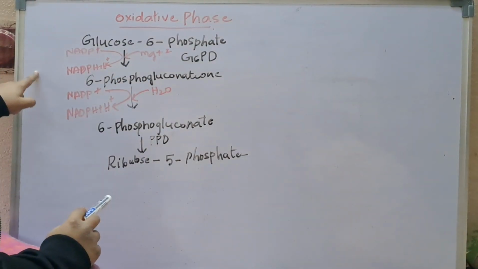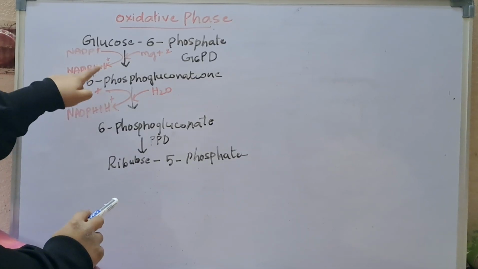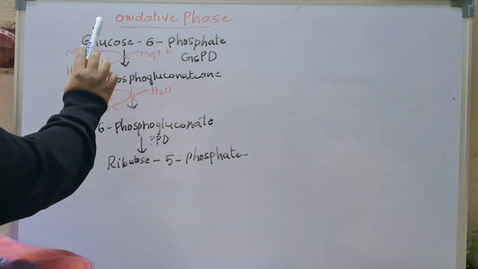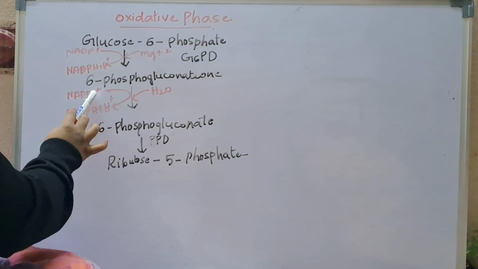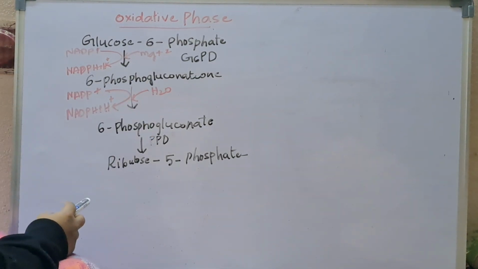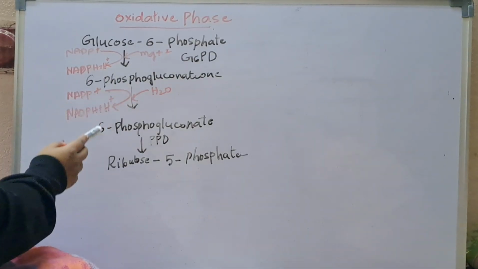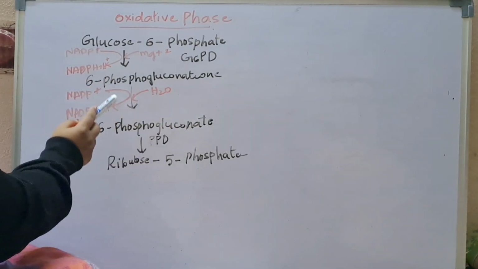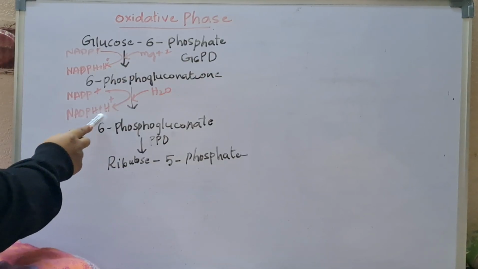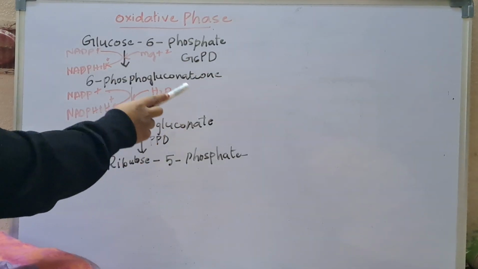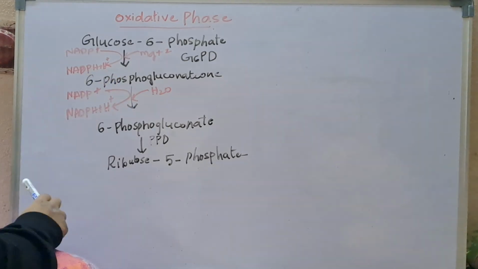Here NADP plus is converted into NADPH2 plus, and magnesium is involved in the conversion. Next, 6-phosphoglucolactone is converted into 6-phosphogluconate, converting NADP plus into NADPH2 plus, by the addition of water, H2O.